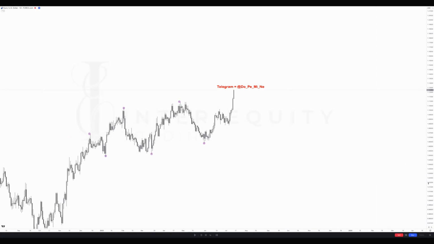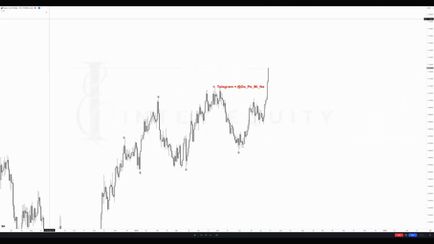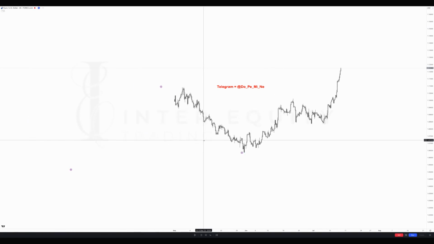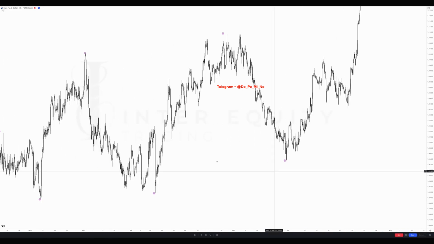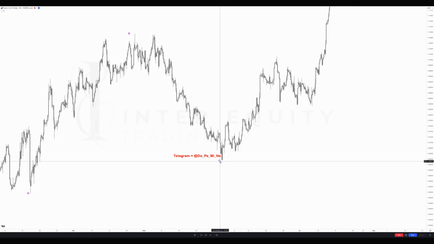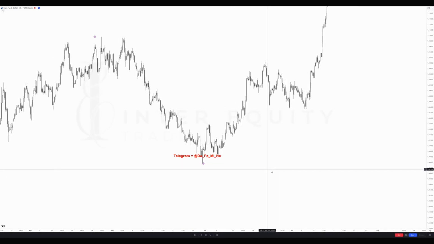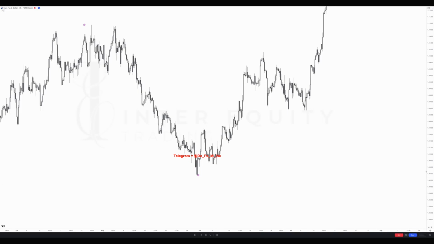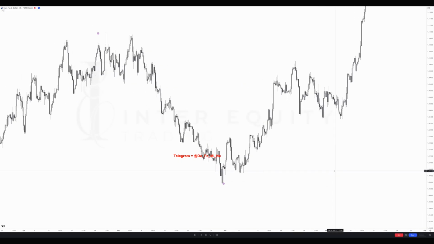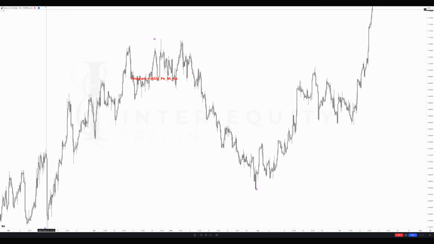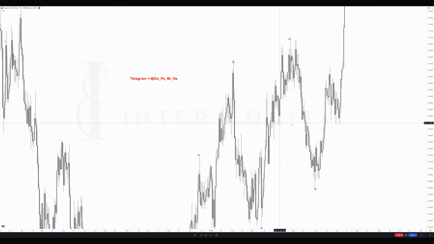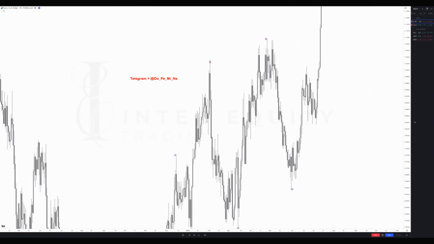All right, so if you go down to the 4 hour time frame, right here, you can see after price comes down and creates this low over here, what happens? Firstly, you'll see that price is bearish, right?